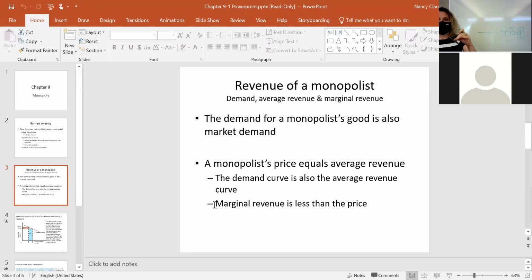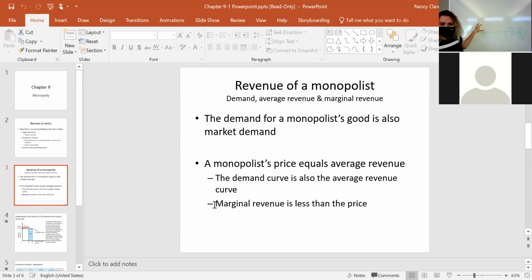A monopolist doesn't necessarily have different costs than everybody else. What they have is different revenue than everybody. That's really the difference. Yeah, costs might change a little bit, okay? You might not have to spend as much on advertising or something like that because you don't have to advertise, or not competitively anyway.